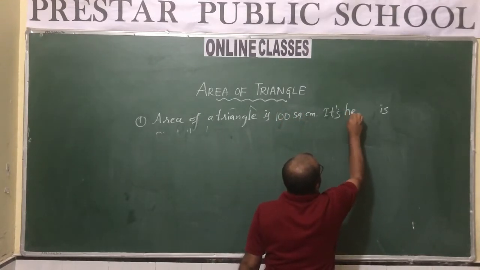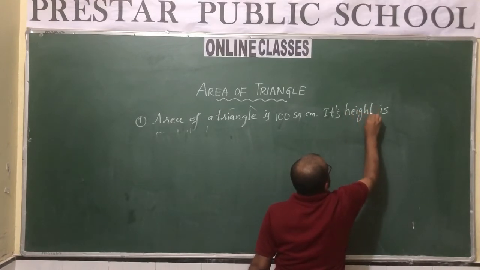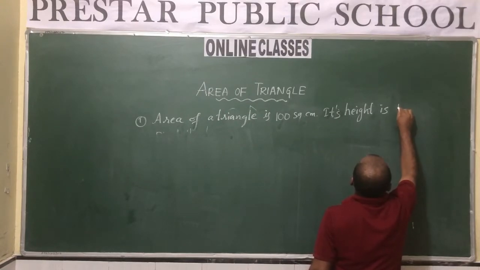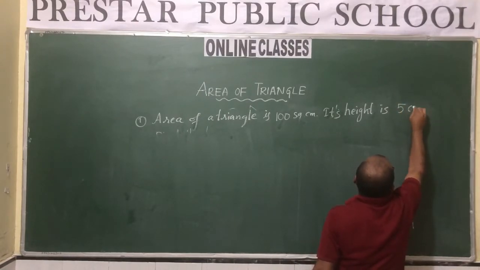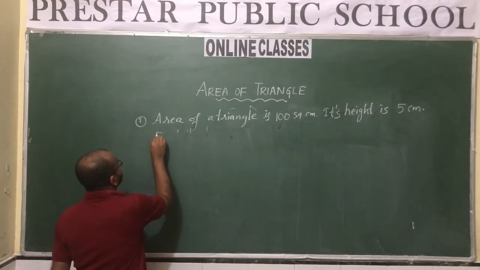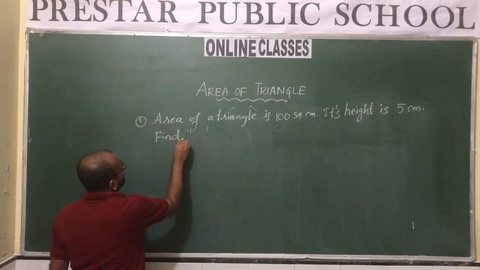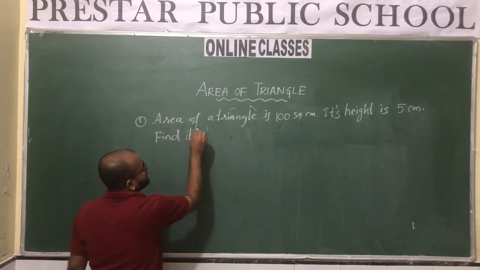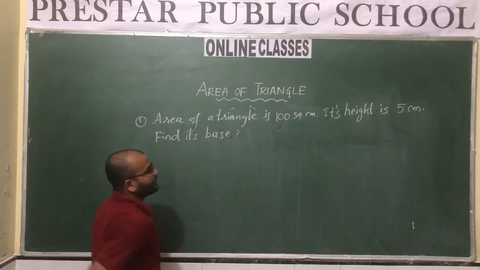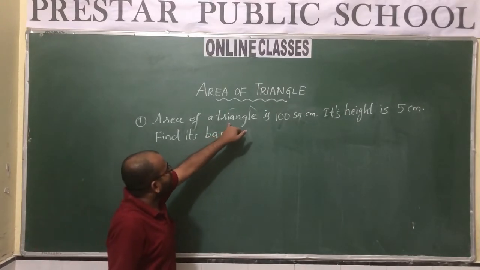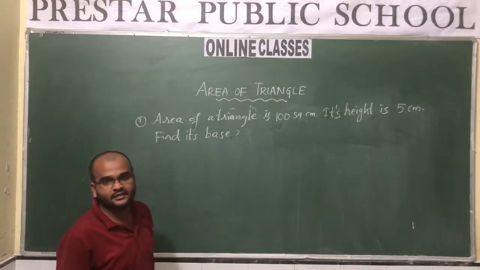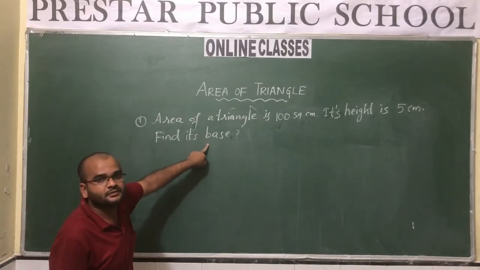Its height is 5 centimeters. Then find its base. Okay? In this problem, area of the triangle is 100 square centimeters and height is 5 centimeters. We need to find base.